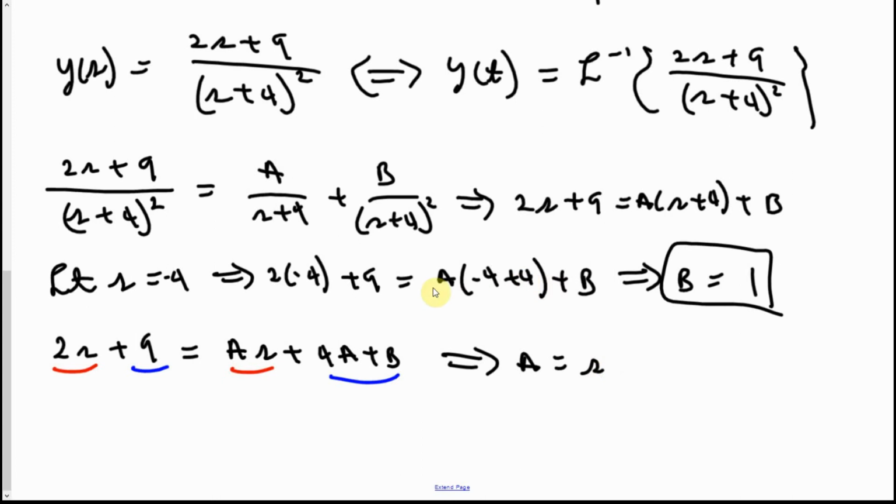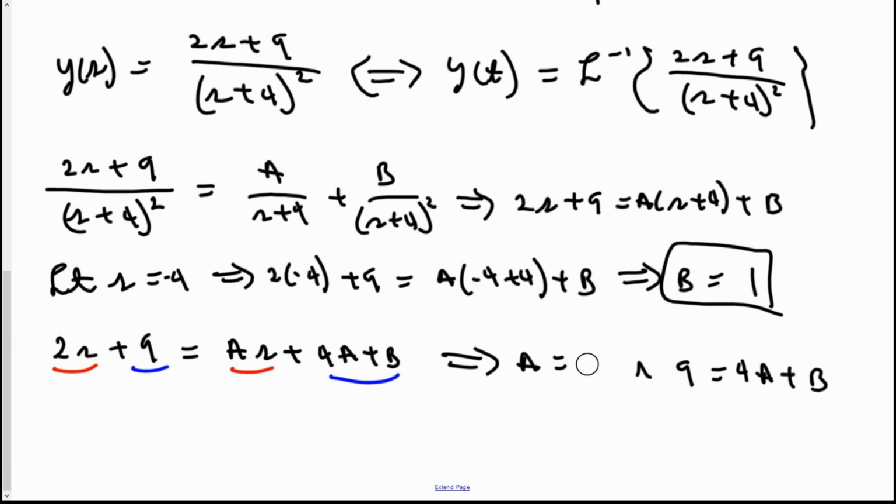So 2s equal to As, so A is equal to 2, not A is equal to s.